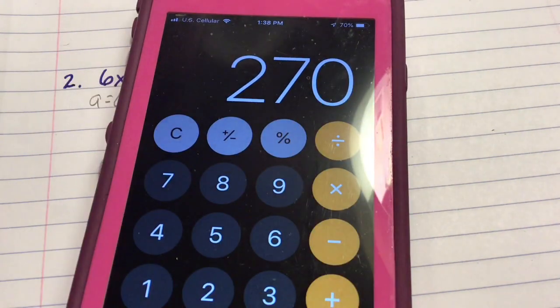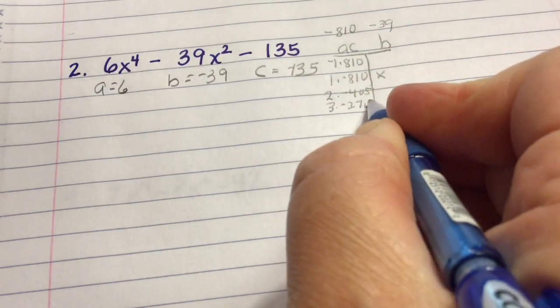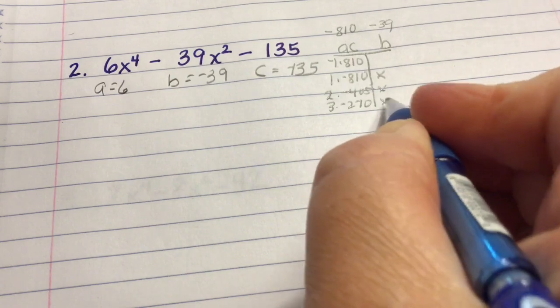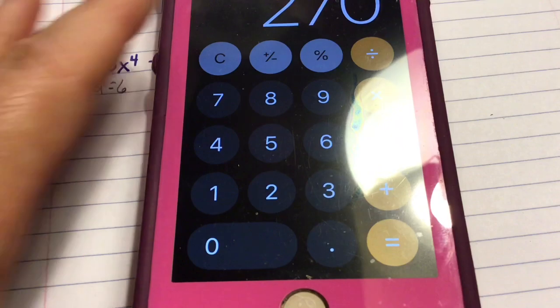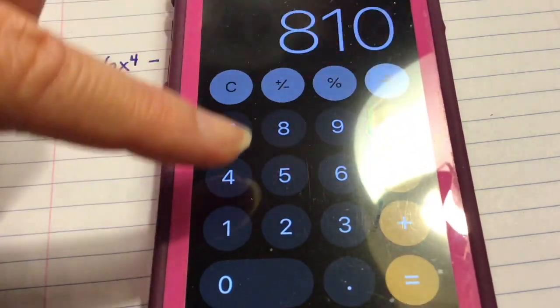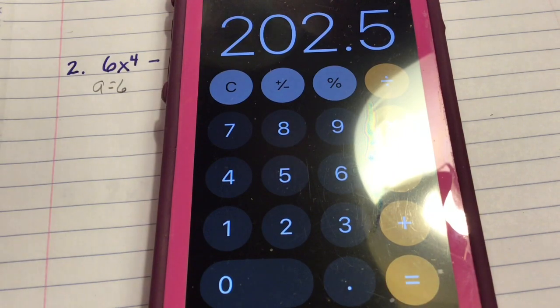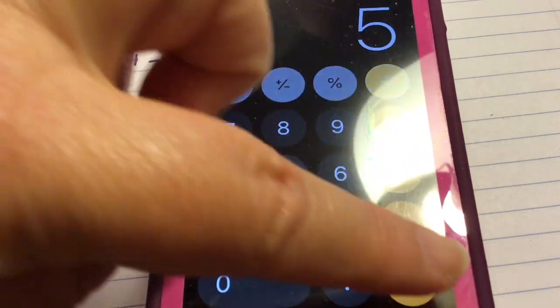Whoops, you can't see that. It divides 3 times 270, so 3 times negative 270, and none of these, of course, have given me the correct sum that I need. And you just keep using your calculator if you don't know the little divisibility rules. Just keep dividing and see that that one doesn't work. Divide again.